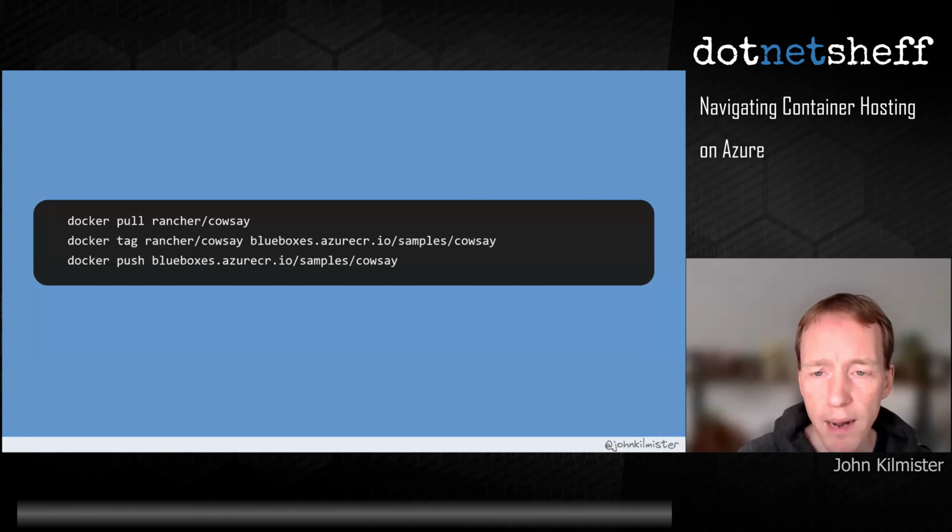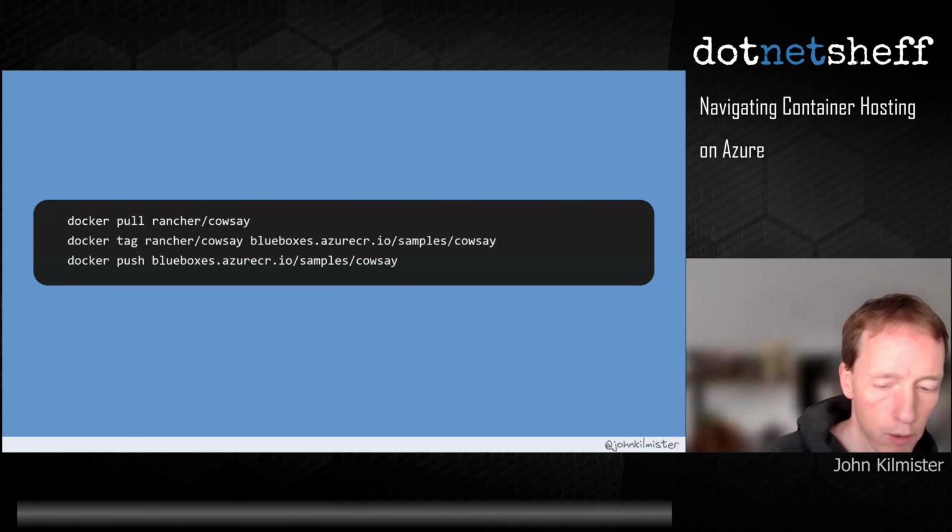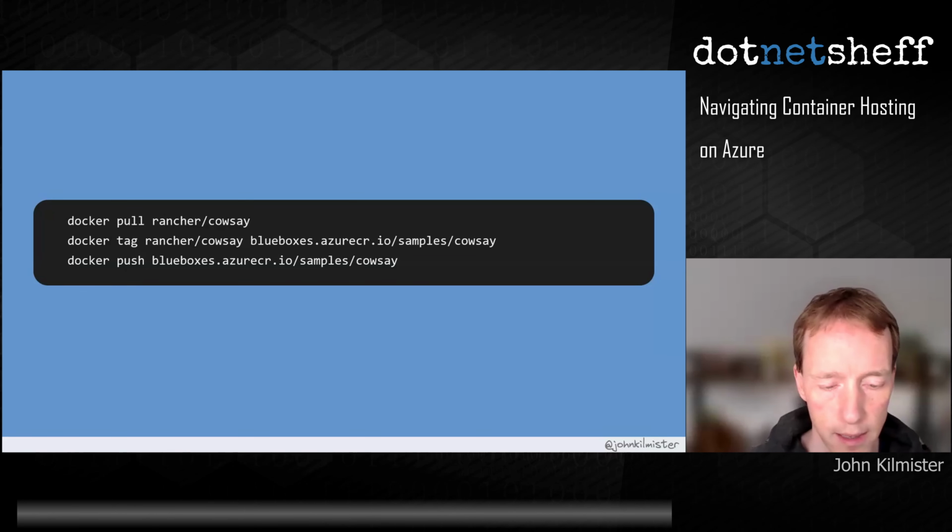So if we want to have a quick look at how we go about running one of these tasks, because this is one of the things that I find people often haven't heard of. The first thing to do is to get your container into Azure Container Registry. This is a relatively straightforward process. You can pull down an image, give it a tag of your ACR, and then push it up into your ACR.